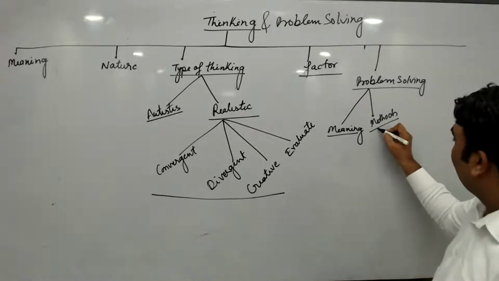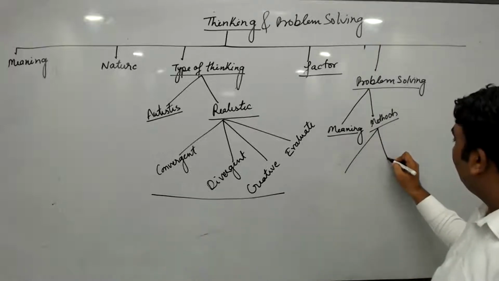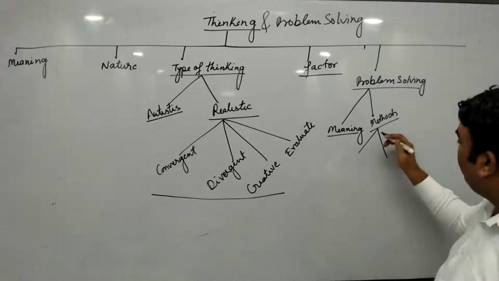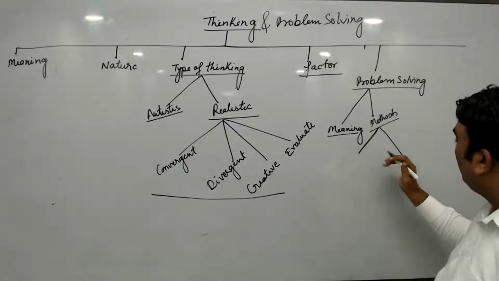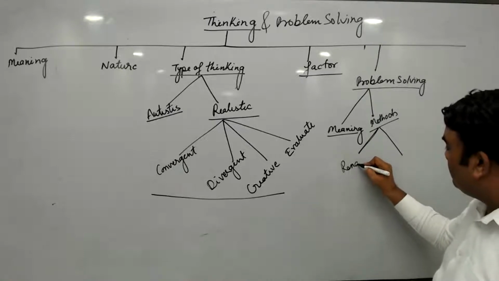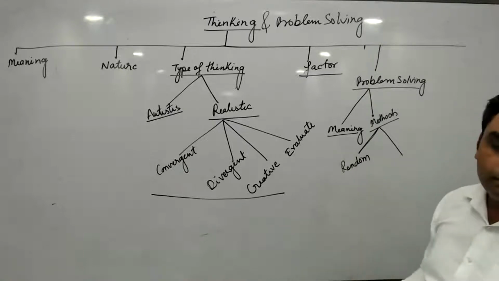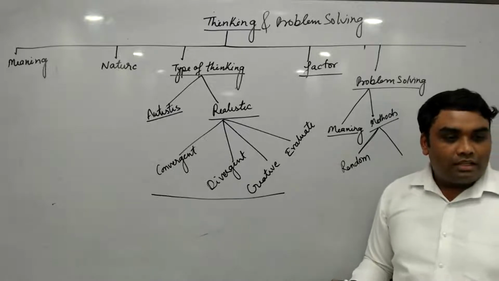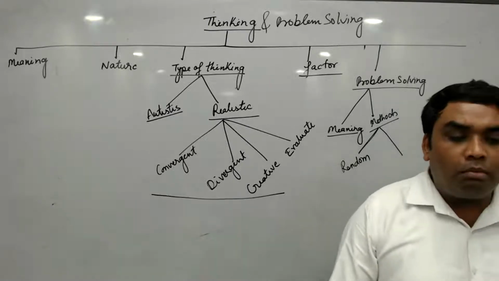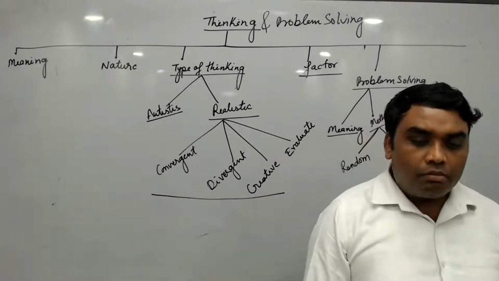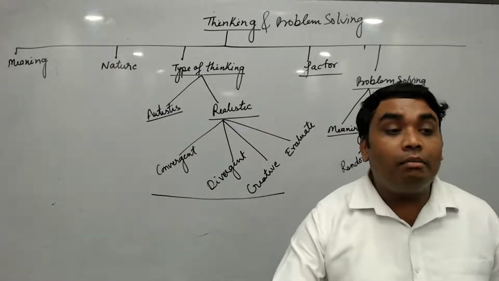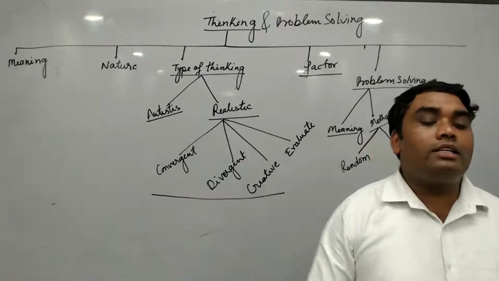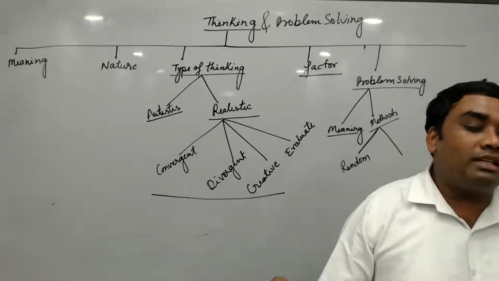Problem solving has basically two methods. One is the random method. Suppose you want to crack UPSC, you can start to study randomly, like one day history, one day geography, and one day something else.